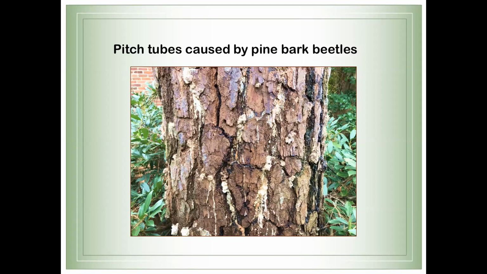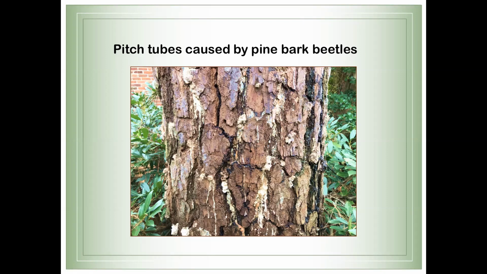All right, here on the trunk, we're still on zone 3, this is a pine bark beetle attack. What you see around here, right there, right there, right there, those are what we call pitch tubes. Here's how a pitch tube works. When the beetle drills into the tree, the pine tree says, oh, help, attack.